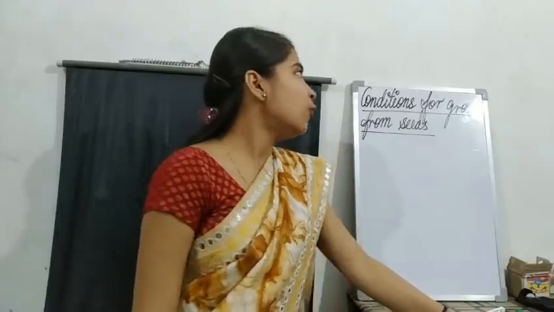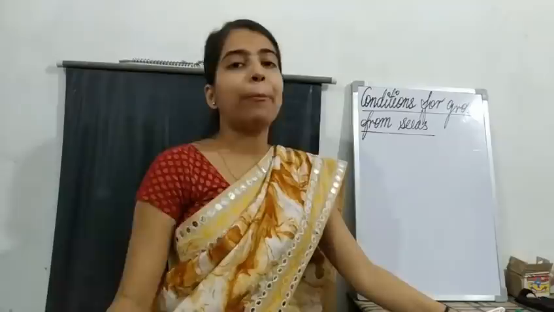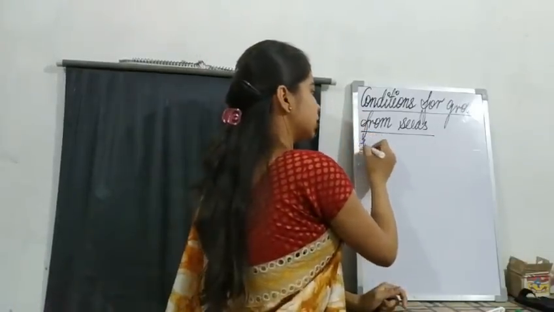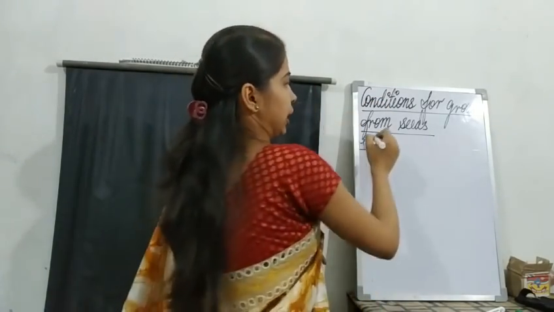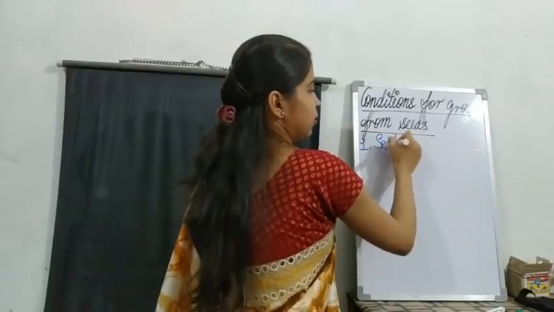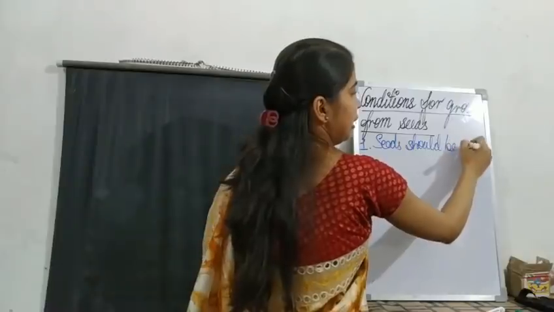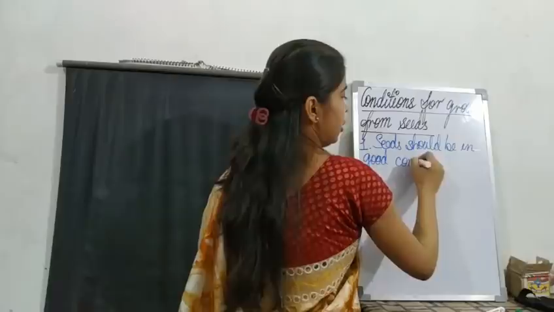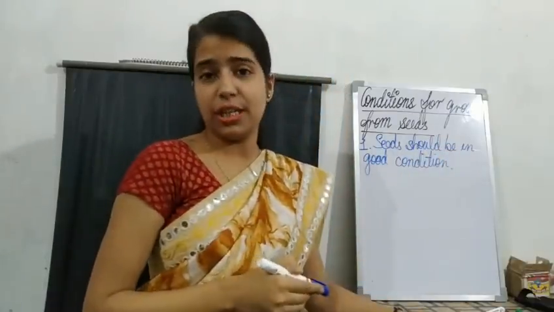For now, let us learn what conditions we require to grow a plant from seeds. The first condition is that the seeds need to be in good condition. If you have damaged seeds, the plants will never grow from the seed.